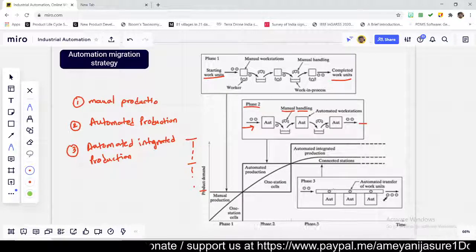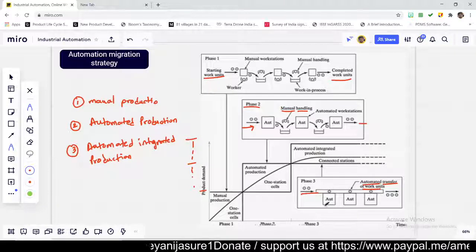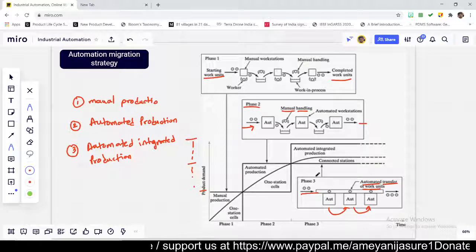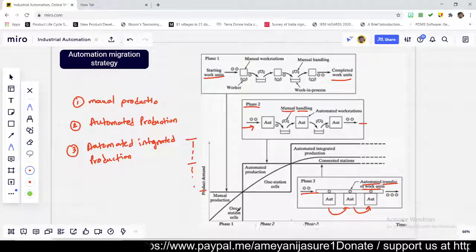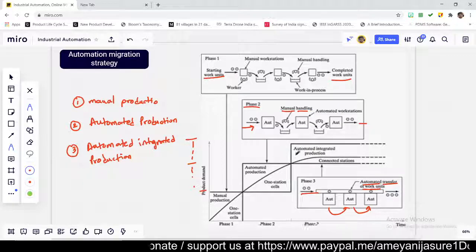Now your processes are already automated. What you do is you try to replace the manual handling system with conveyor systems or material handling systems. So that is automated transfer of work units from one workstation to another. This significantly increases your production rate, and then you will be able to achieve whatever the market requires with the production and product demand, and produce at a higher rate.